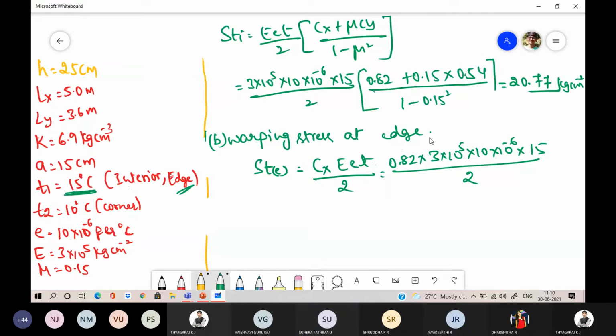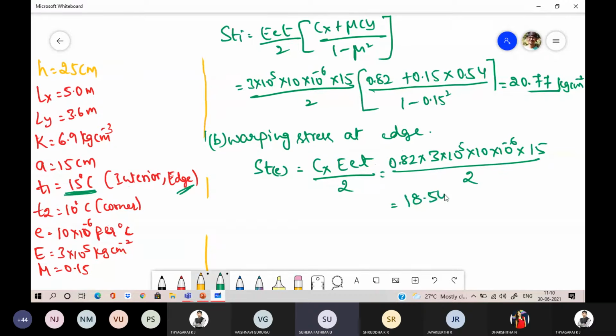Wherever Cx or Cy is higher, that value only will come. We will check that one also, by inputting the Cy value. Now calculate the value. Either you can consider the stress in the X region or in the Y region. How much are you going to get? 18.45, sir.